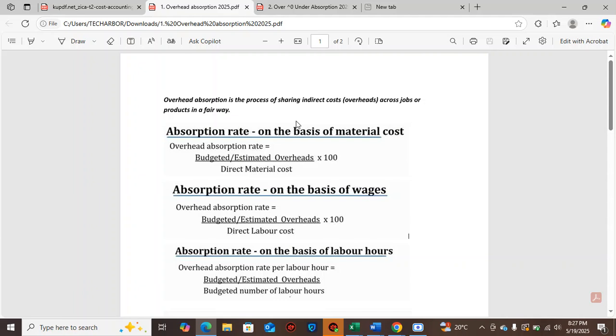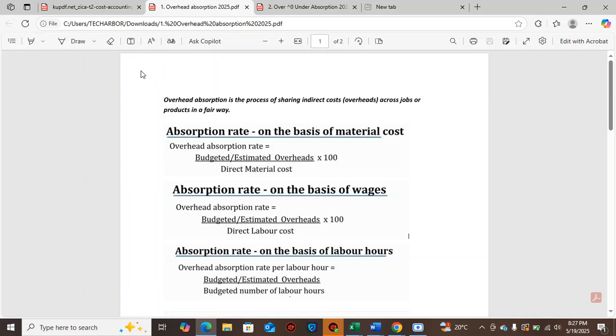Because remember, whenever you're producing things, you've got your direct materials cost, which you can easily get, your direct labor cost, and other direct expenses. But for overheads, it's hard to just get the overhead cost per unit.